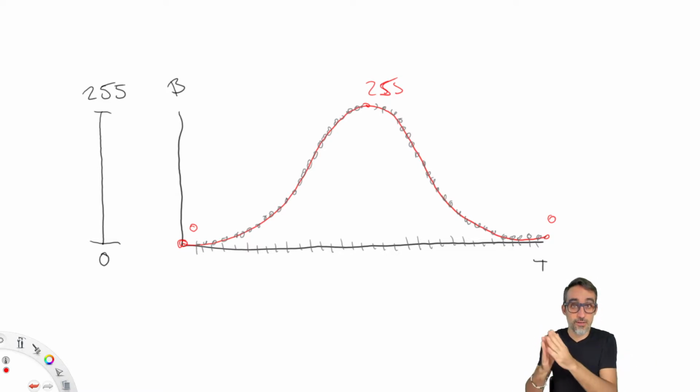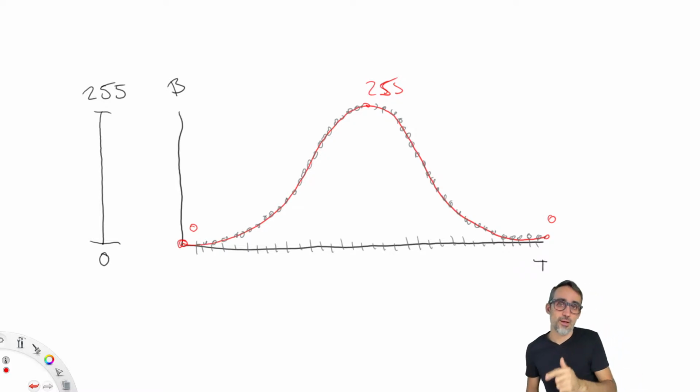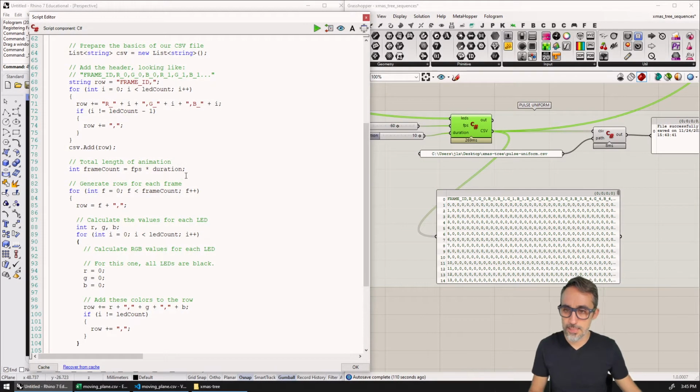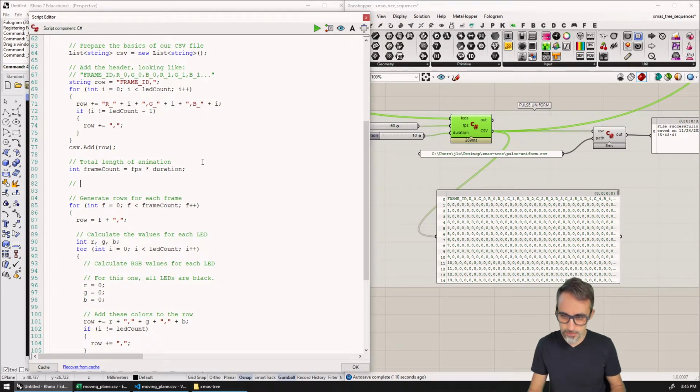What that means is that if a full cycle is tau or 2 pi and I have 600 frames, I need to divide tau by 600 frames to know the increment in the cycle that I need for each one of my frames. All right, so what that looks like is I'm going to calculate here the angle step for each frame.